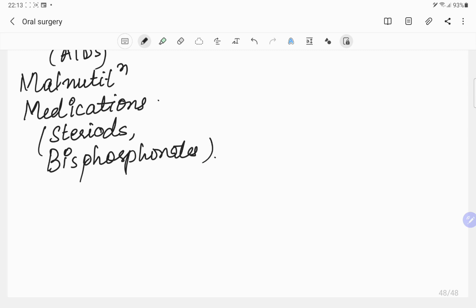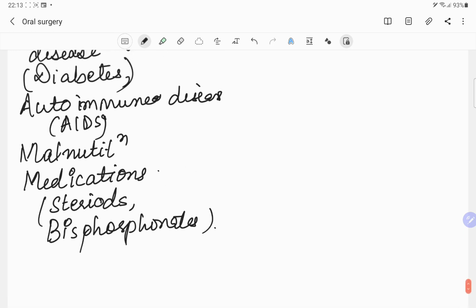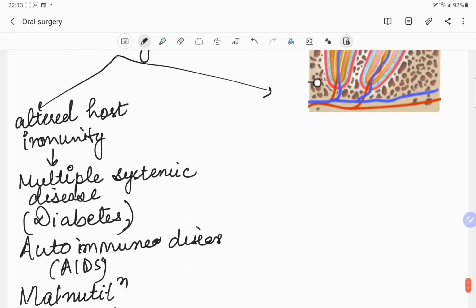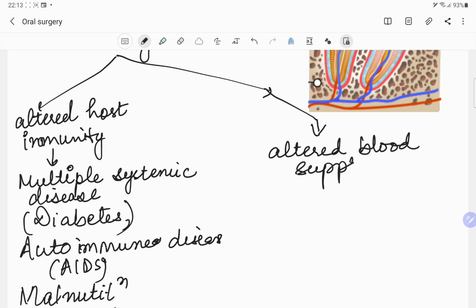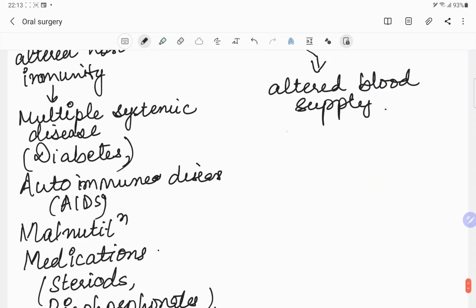Either the person's host immunity is altered, meaning a low level of immunity, or there is an altered blood supply, like radiation therapy, which reduces the blood supply to the particular area.